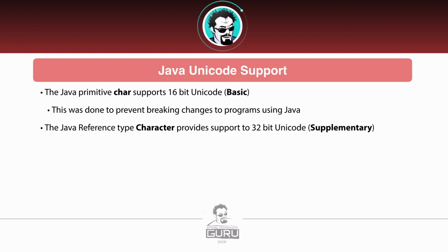Now for Java, what's important about Java, the primitive char, or character, supports the 16-bit Unicode, the basic set of Unicode characters. This was really done to prevent breaking changes, so people are already starting to use Java as Unicode was becoming more and more important. So the primitive char is going to support the basic. However, as Java releases came out, the reference type that supplements char, the corresponding reference type Character, will provide the 32-bit support for Unicode.